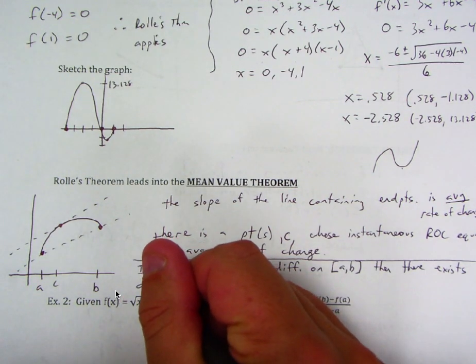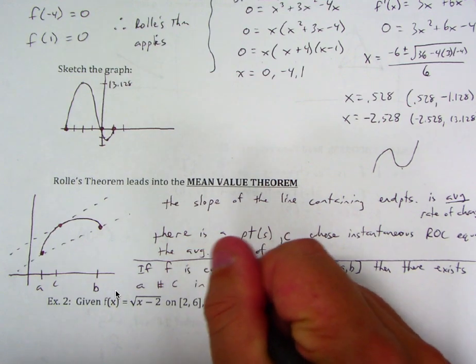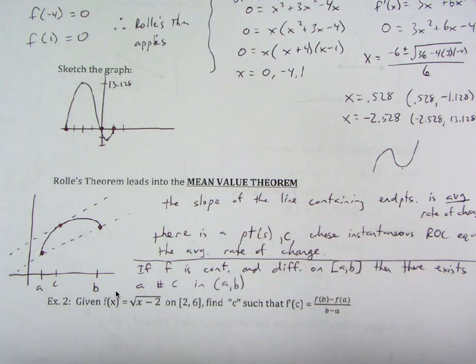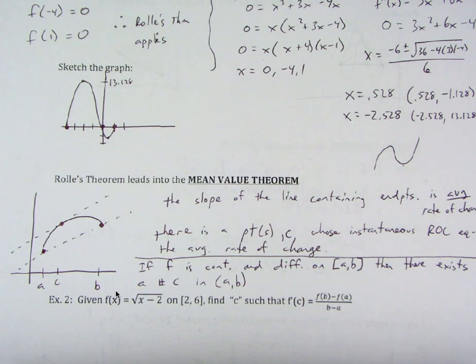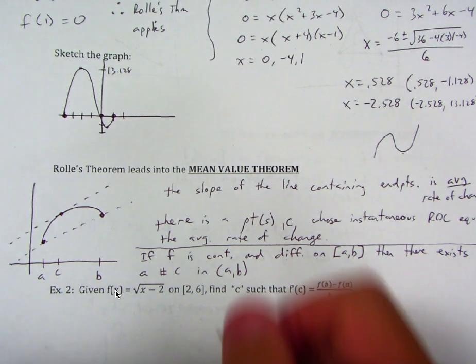a number c in the interval. Notice it says in the open interval. This is important, so not at an endpoint.